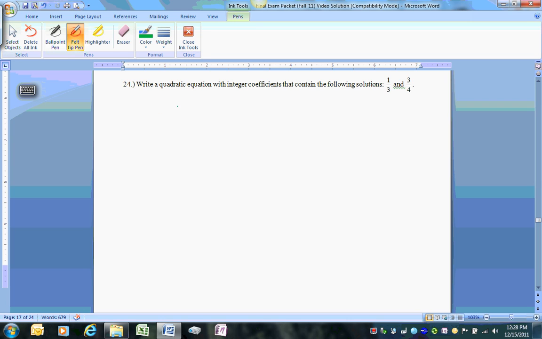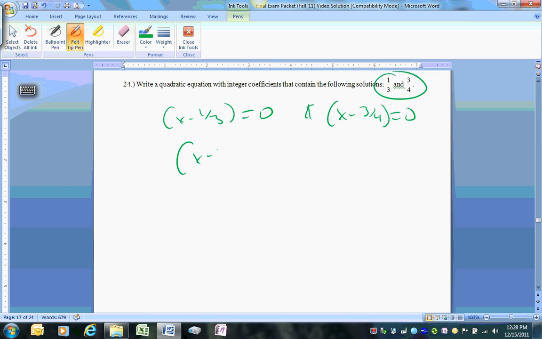Okay. Well, remember that if these are your solutions, x minus 1/3 would have to equal 0, and x minus 3/4 would have to also equal 0. Or x minus 1/3 times x minus 3/4 has to equal 0.